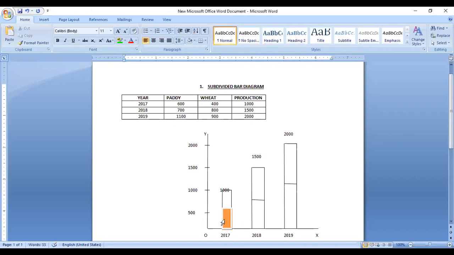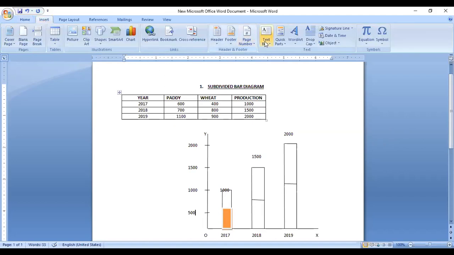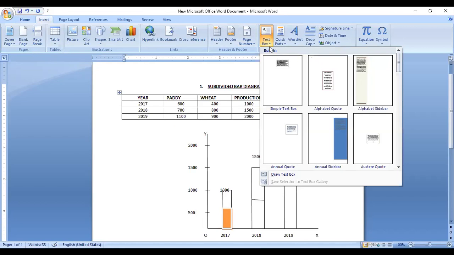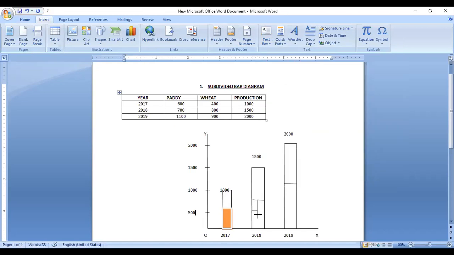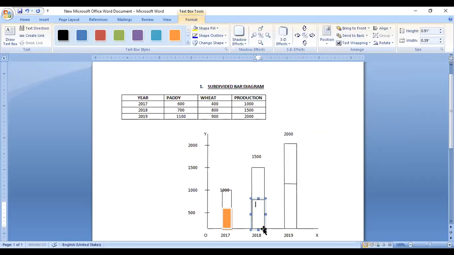I have filled it with this color. Okay, remaining color is white. Similarly here also in the year 2018 I will fill with the same color, that is paddy.